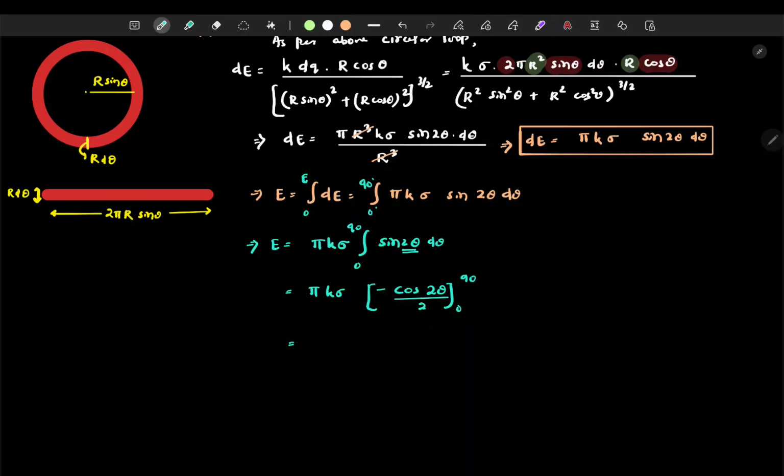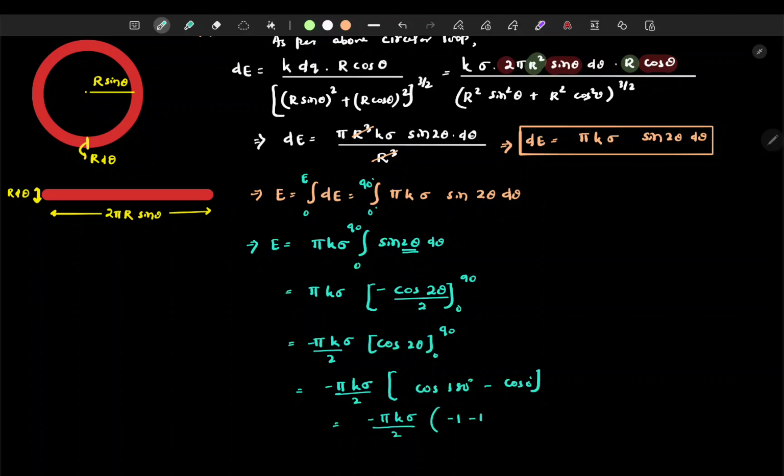I hope it is clear. Then minus pi k sigma divided by 2 minus 1 by 2 outside, cos 2 theta, then limit 0 to 90. If we solve, minus pi k sigma divided by 2, then upper limit minus lower limit: cos 2 theta, 2 into 90 that is cos 180 minus cos 2 into 0 that is cos 0. Very good. Cos 180 minus 1, so minus pi k sigma divided by 2 into cos 180 minus 1, cos 0 is 1, so it will be minus pi k sigma divided by 2 into minus 2.